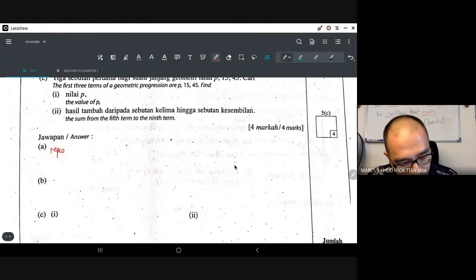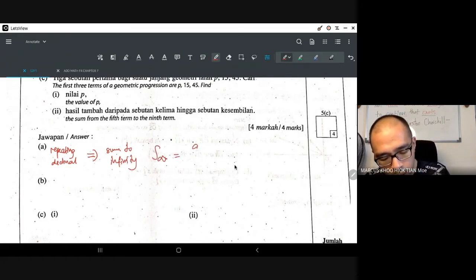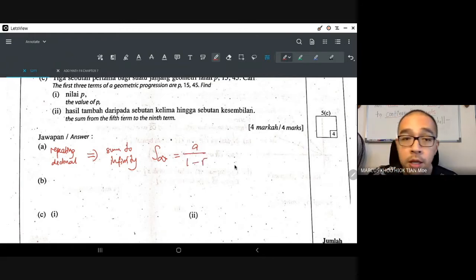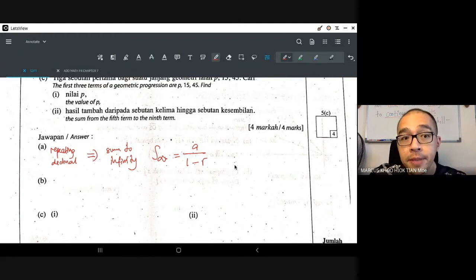Repeating decimal usually has something to do with sum to infinity. The formula for sum to infinity is S infinity equals A over 1 minus R. According to this formula, you need to find the A, the first term, and the R, which is the common ratio.